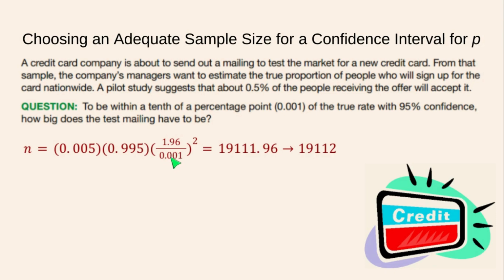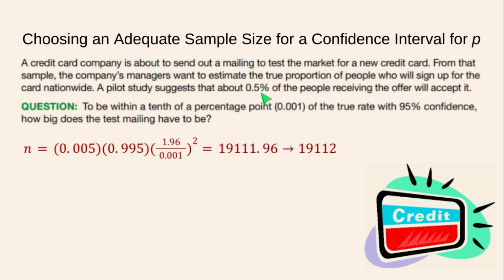So we got our critical value and our margin of error. We square that, and we get, oh man, a decimal. Remember, there's no such thing as 0.96 of a person. A person's a person no matter how small. We would say 19,112.